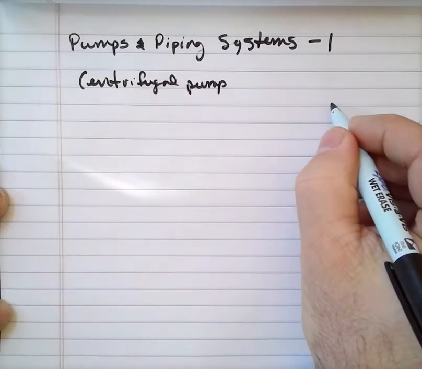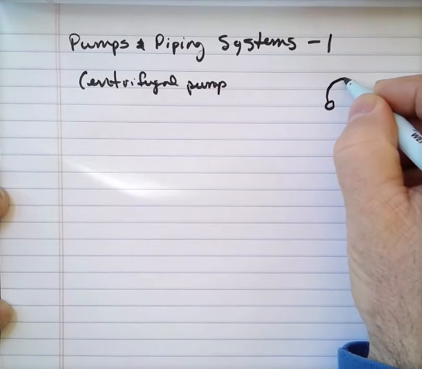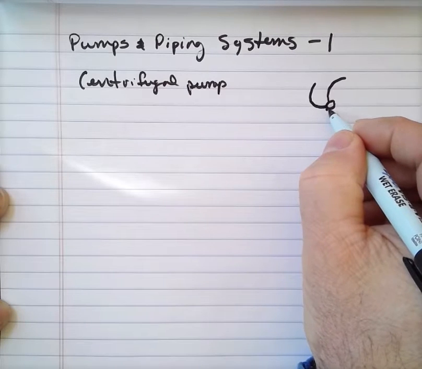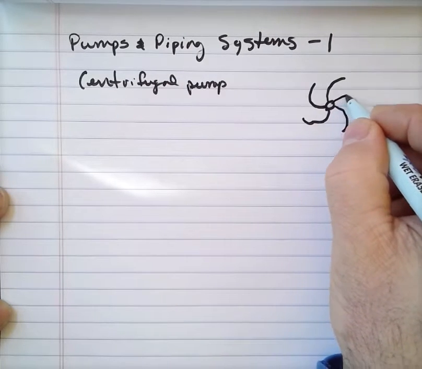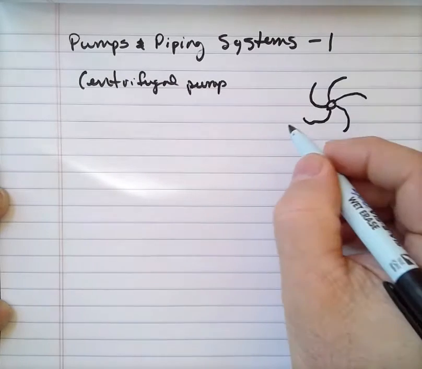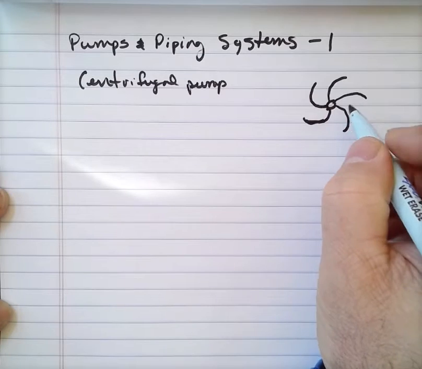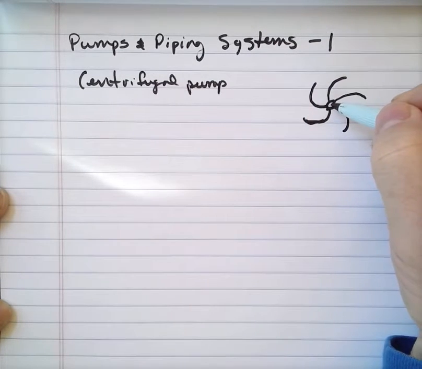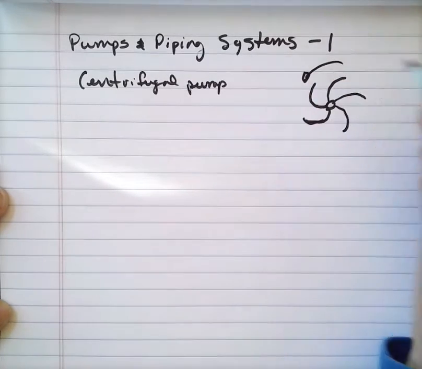A centrifugal pump is a pump that's on a shaft. It's got what we call impeller blades. The water comes in at this location, and the blades are spinning this way.